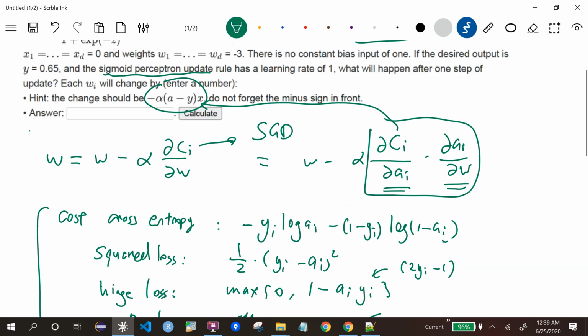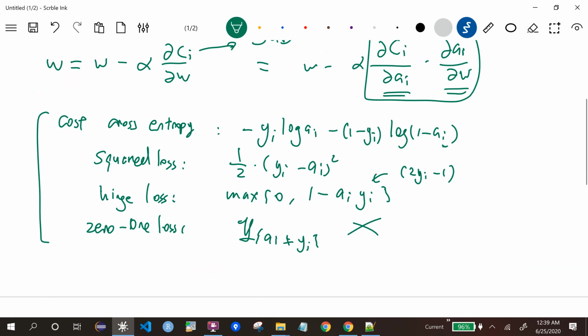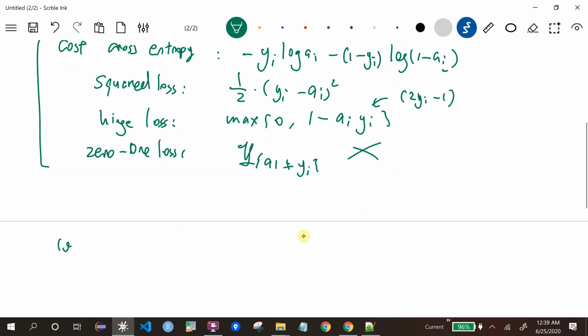And the other hard part is the activation function. So we have our logistic activation. Let's say this is the activation. The first one is logistic: 1 over 1 plus e to the minus z.